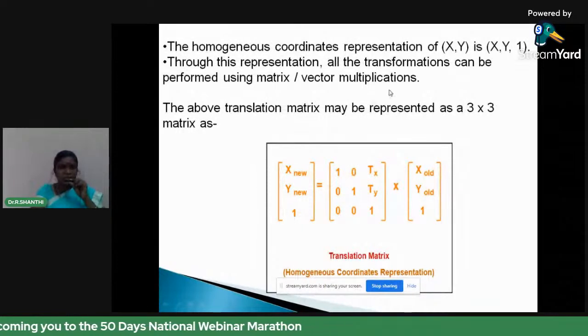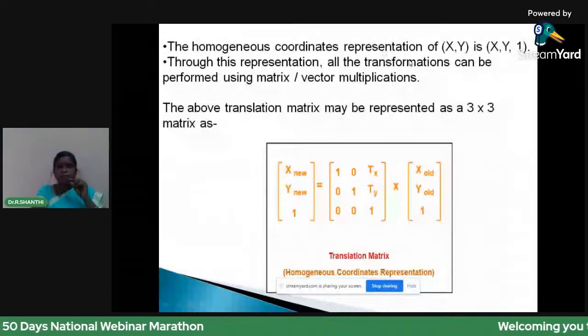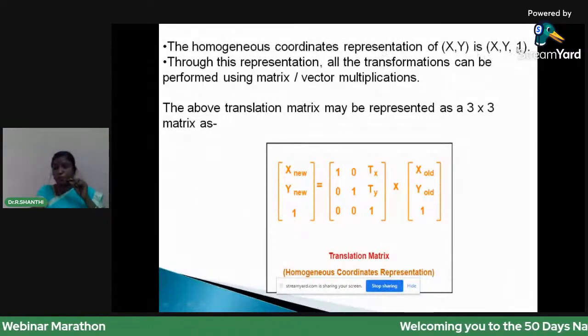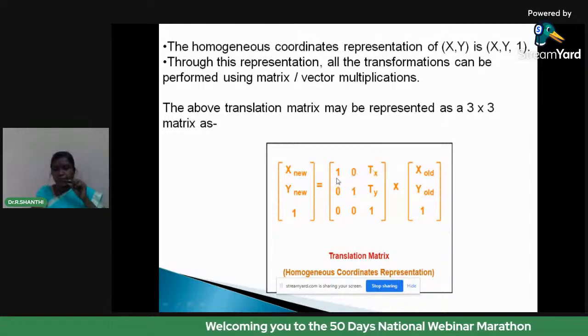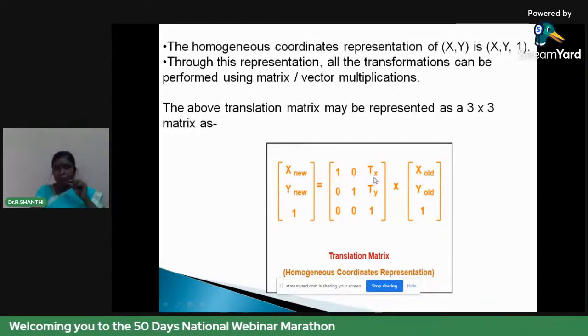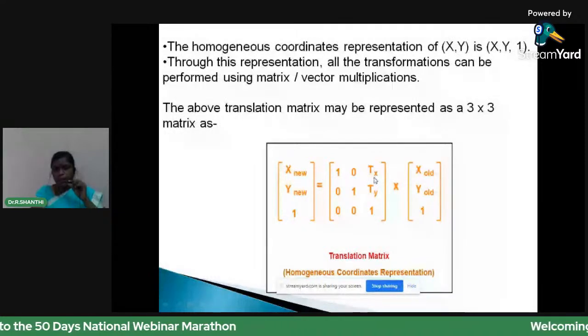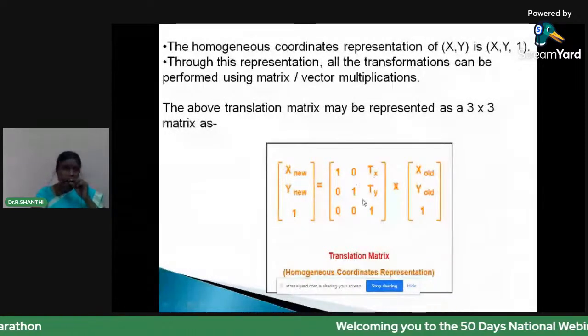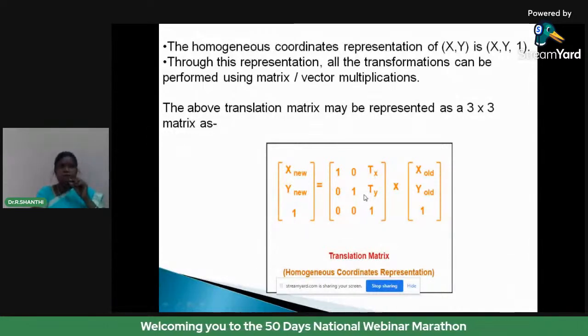Homogeneous representation is nothing but adding 1 without disturbing the rest of the values. Consider the first row: 1 0 dx, then 0 1. For two dimensions, you will have only these two values, 1 0 and 0 1, which you call a unit matrix. This is your basic unit matrix.